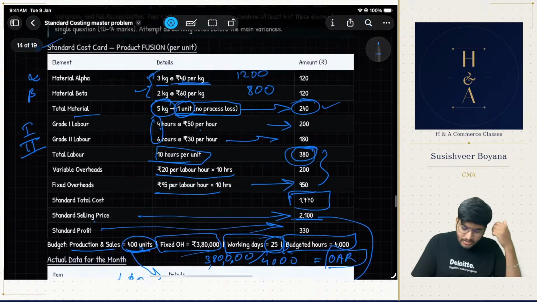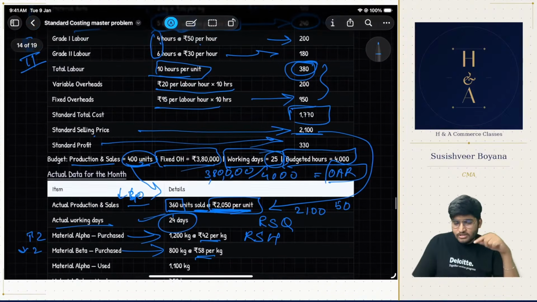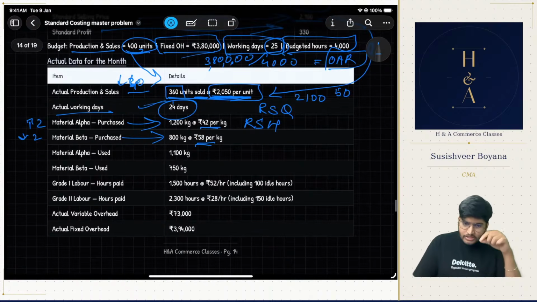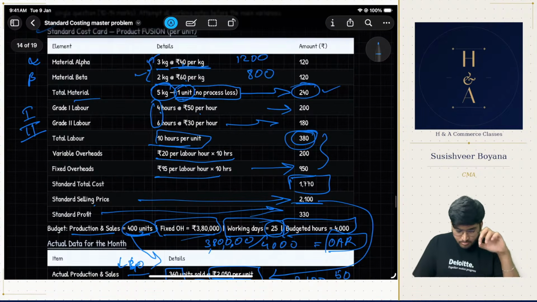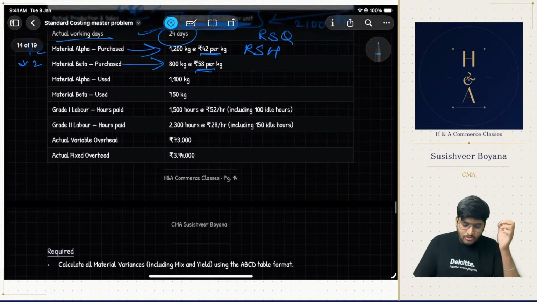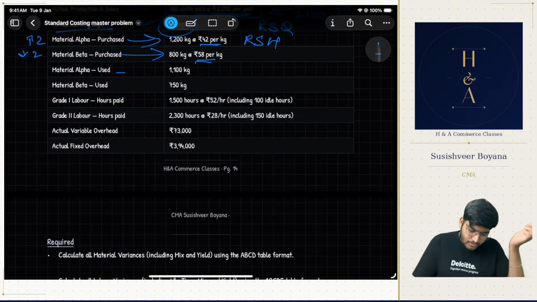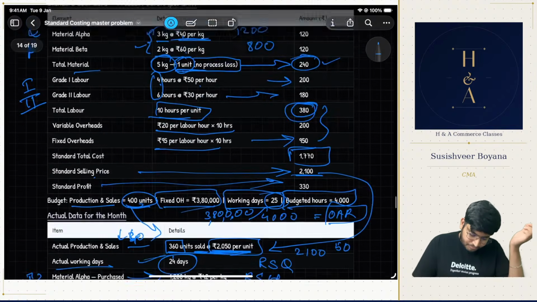See, right when we are reading this question, we already know what it's going to be when we calculate that specific variance, which amount to be picked up. The main point in solving such questions is to break down the question to understand which amount is going where, what should I tag it to. Alpha used and beta used.